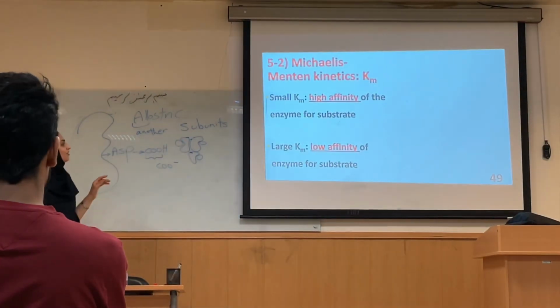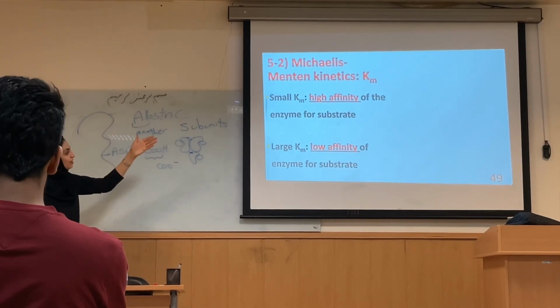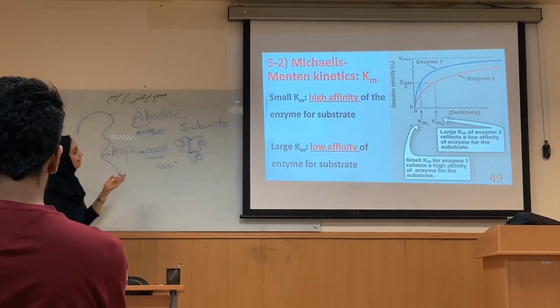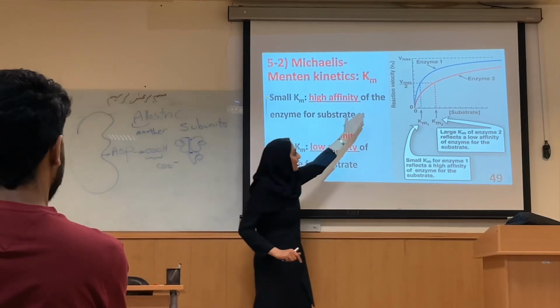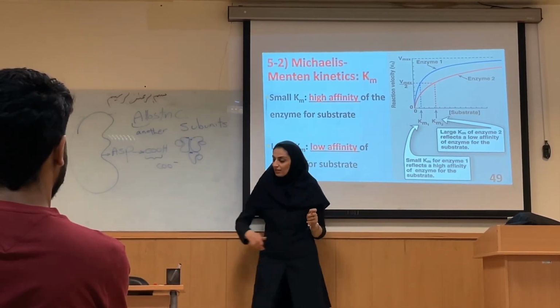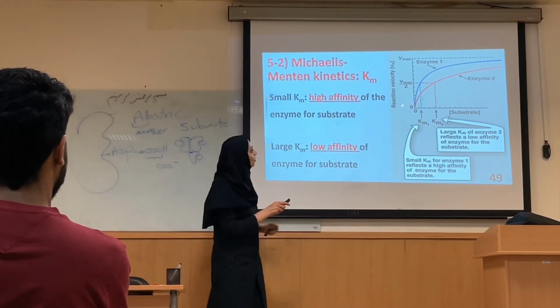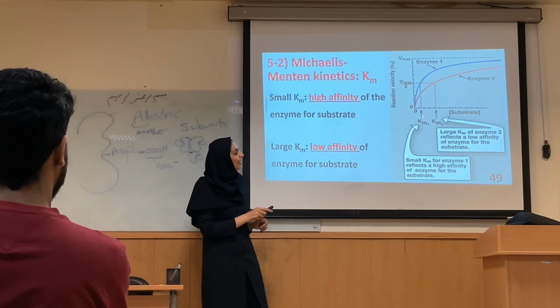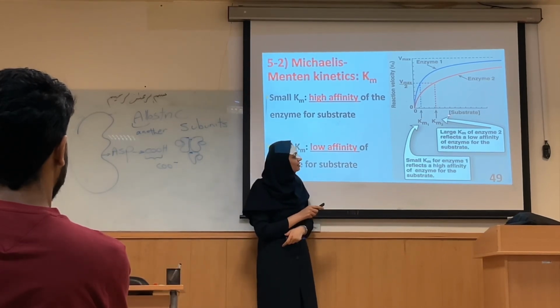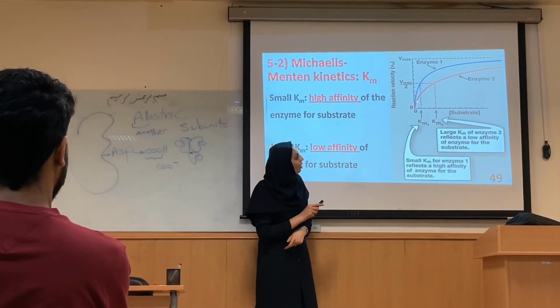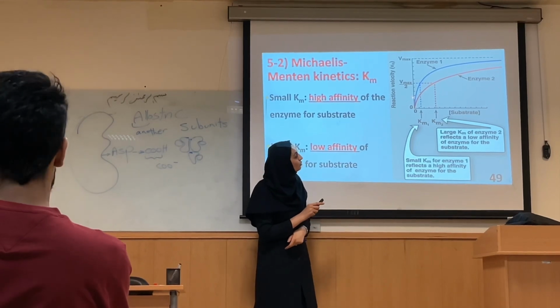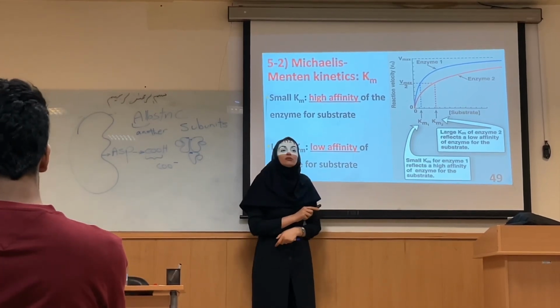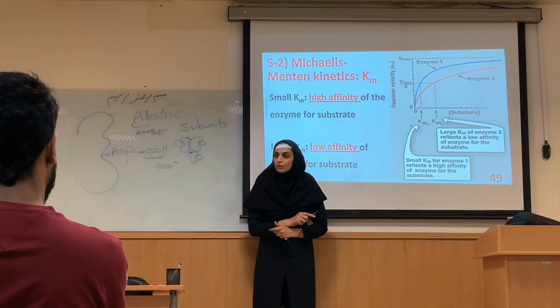Guys, I've explained high affinity and low affinity, and let me show it on the curve. Here you can see the reaction velocity, and here is the substrate concentration. We are speaking just about general enzymes, not allosteric enzymes.